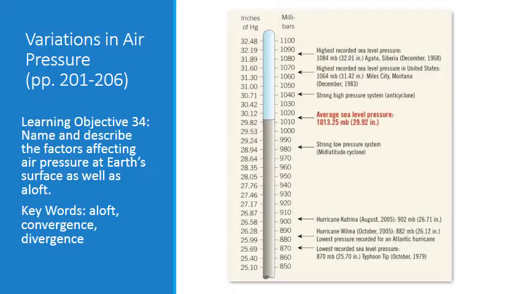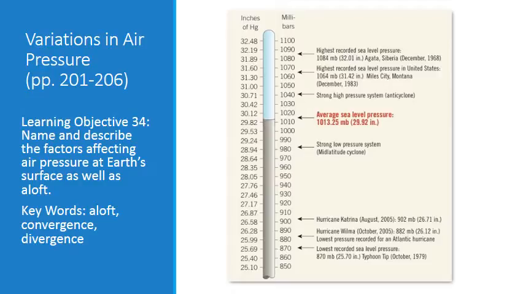Although pressure changes with altitude are important, meteorologists are also interested in the horizontal pressure differences that occur around the globe. Horizontal pressure differences from place to place tend to be relatively small.